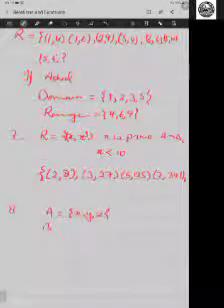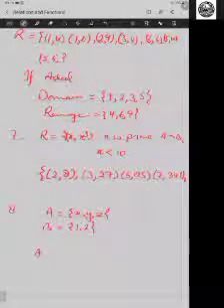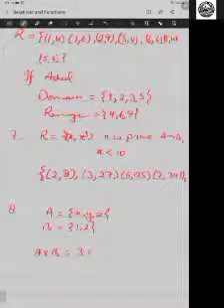Set B is equal to {1, 2}. Now see, find the number of relations from A to B. So first of all, relations are A cross B. That is 3 elements in A and 2 elements in B. So 6 are the relations.